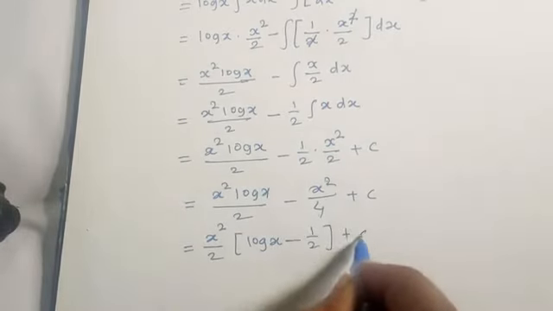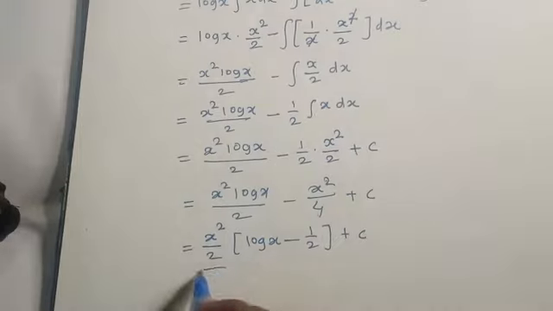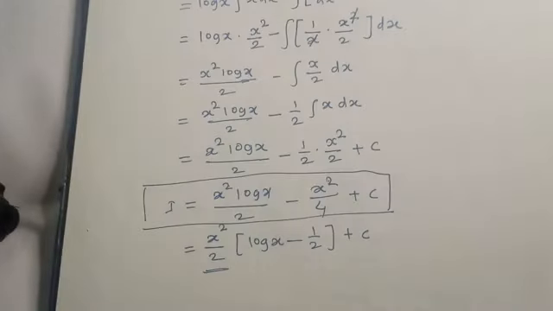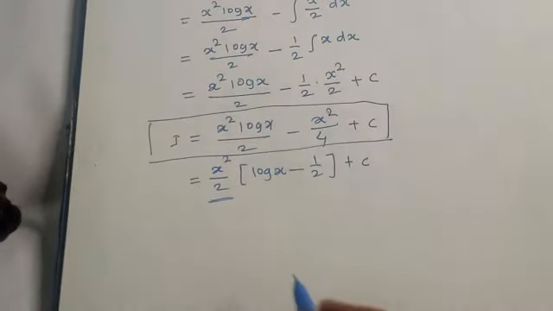So this is the final answer of the integration of x into log x. So in this way, using this LIATE rule and the by parts rule, you can solve integrations of the form u into v dx, or the product rule.